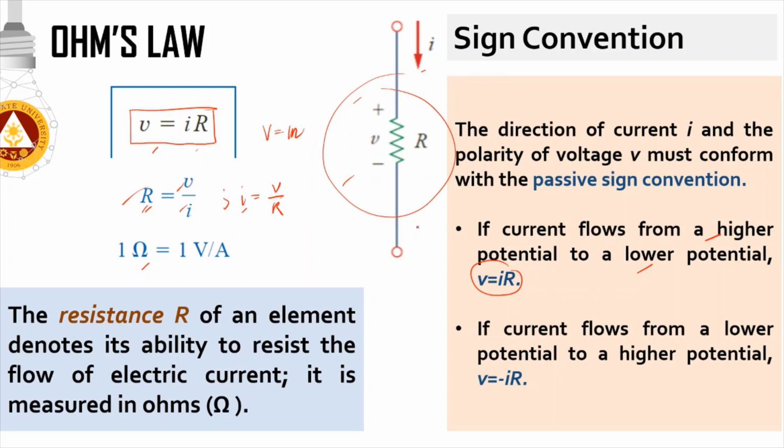But if it is the opposite, the current flows from the negative terminal to the positive terminal of the voltage, or from lower to higher potential, then V is negative. The voltage drop across the resistor is negative. Okay, clear?